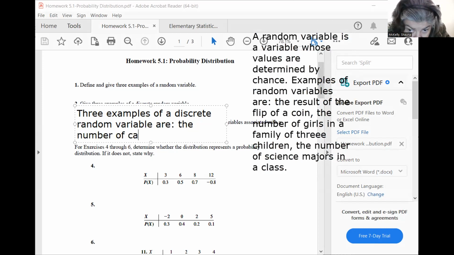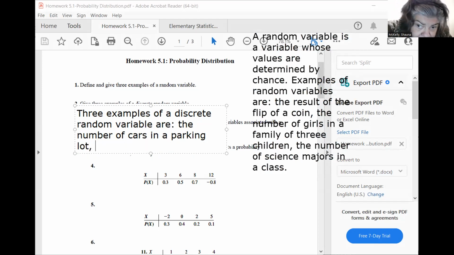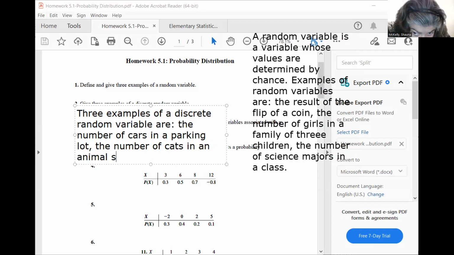The number of cars in a parking lot, the number of cats in an animal shelter, okay?